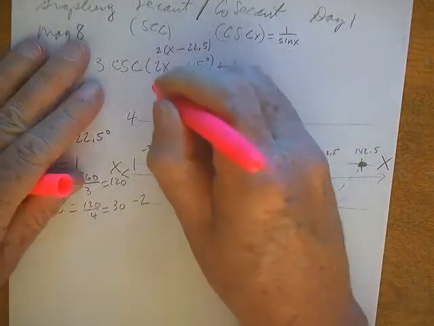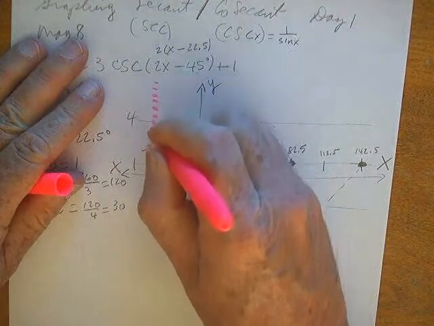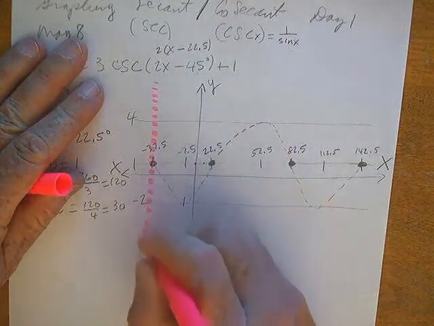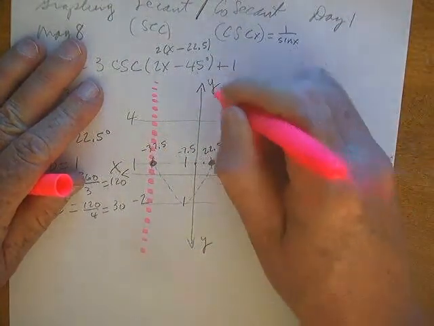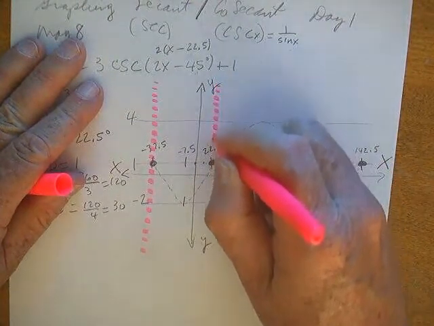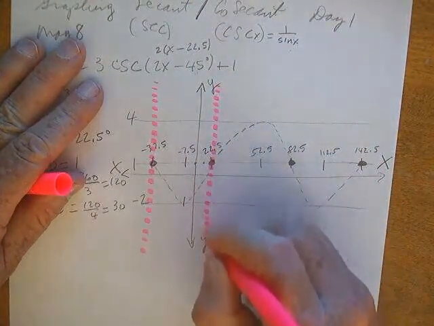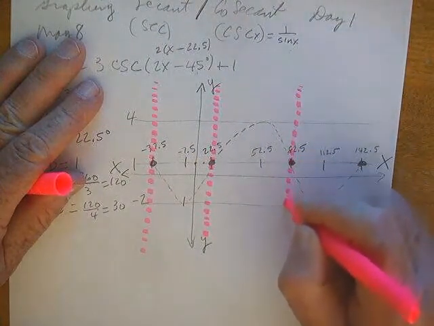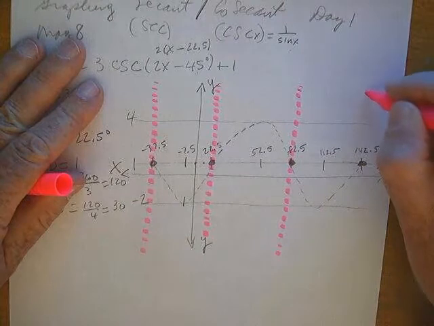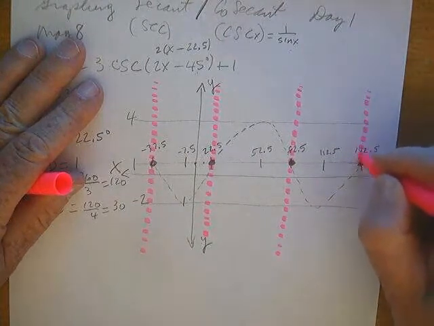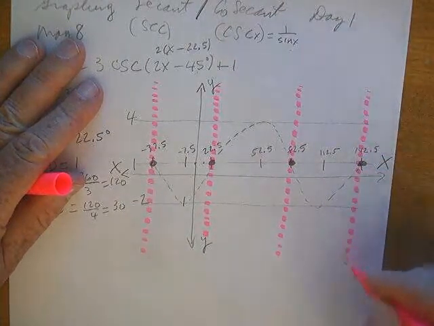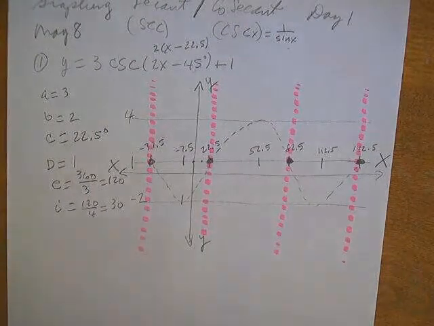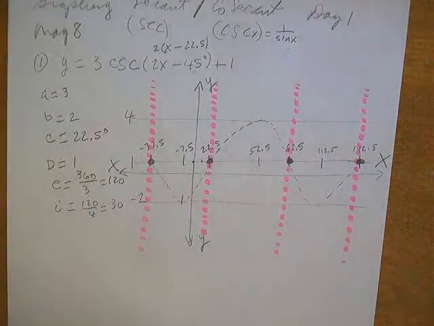At each one of them, you've got a vertical asymptote. So go sketch you some vertical asymptotes like so, because we don't have the cosecant curve yet. So that's like that.